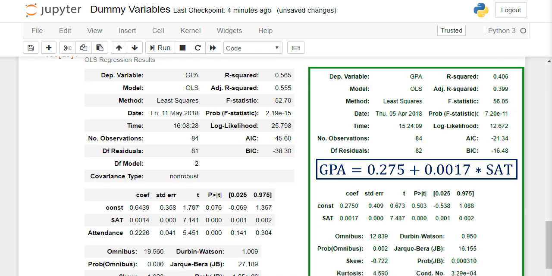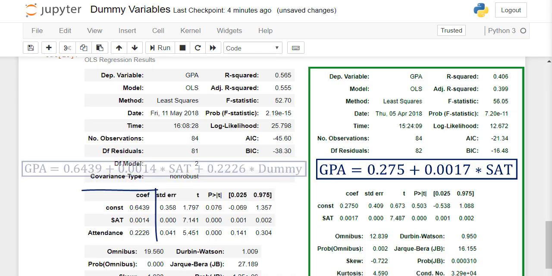The model, including the dummy variable, is GPA equals 0.6439 plus 0.0014 times the SAT score of a student plus 0.226 times the dummy.